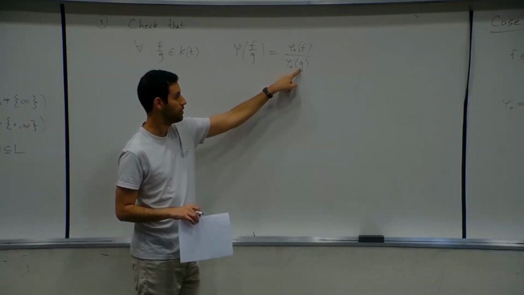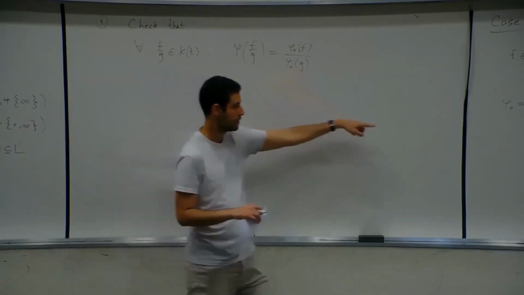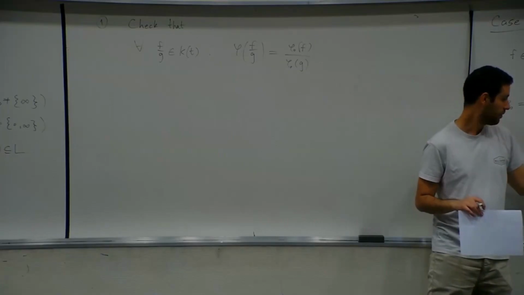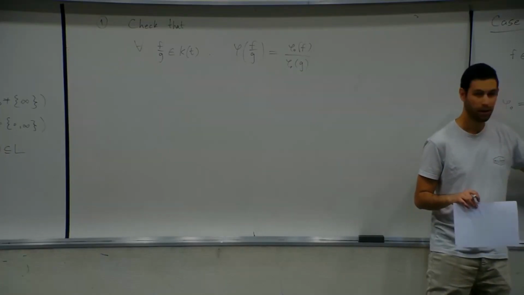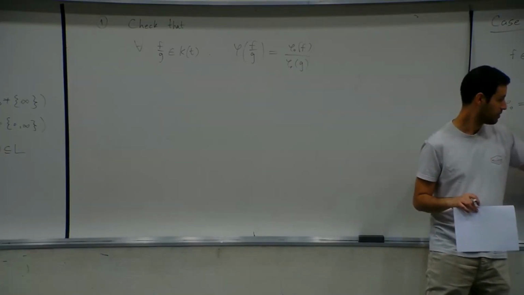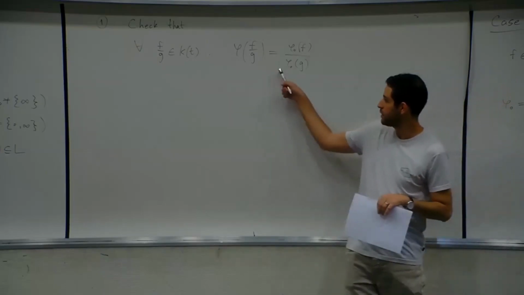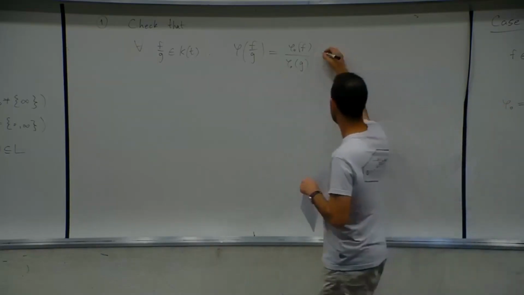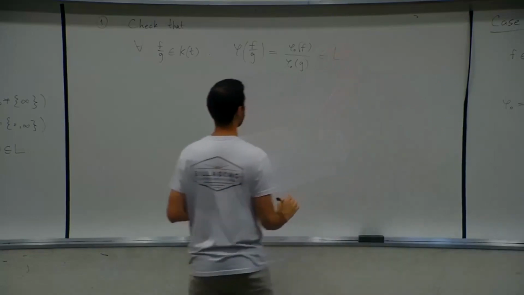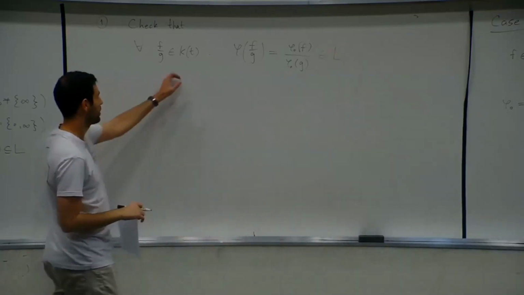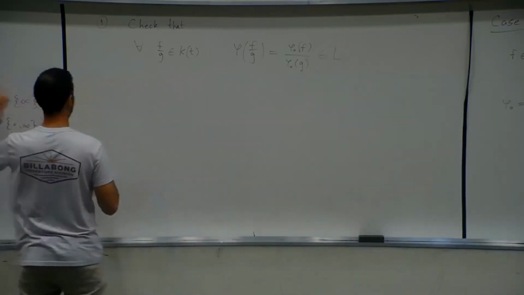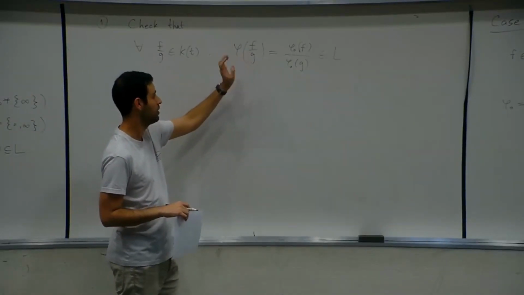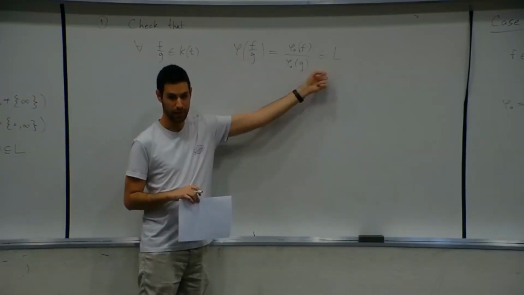So phi 0 of g is not 0, because if the kernel is trivial, the only thing mapped to 0 is 0. So it is well defined, and it is an element in L. So phi of f over g must be of this form, which is in L.